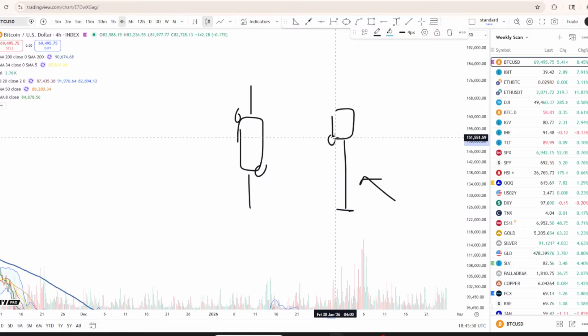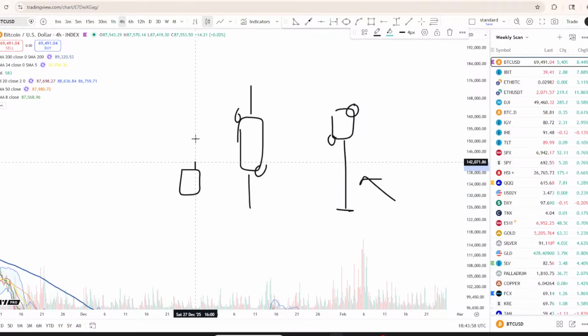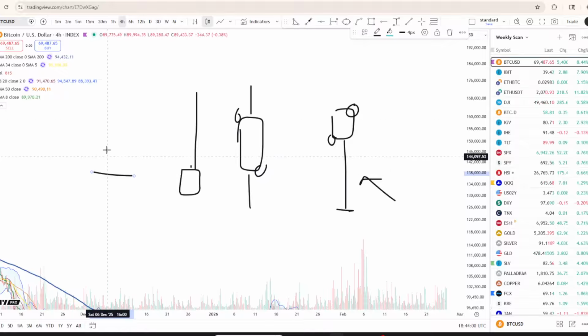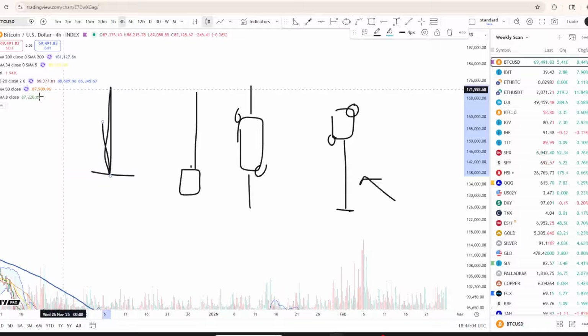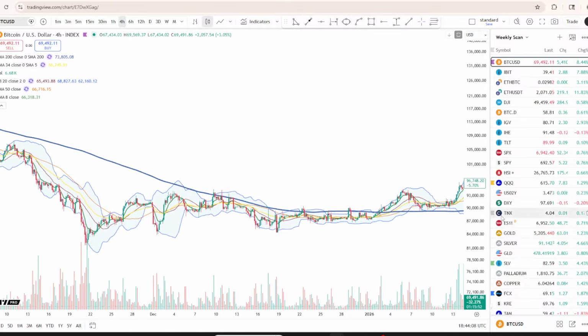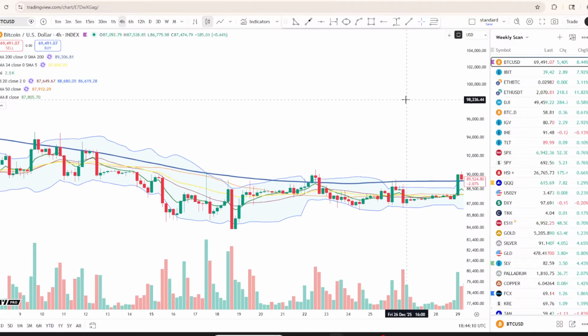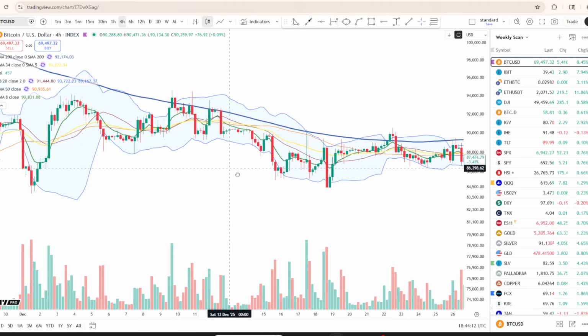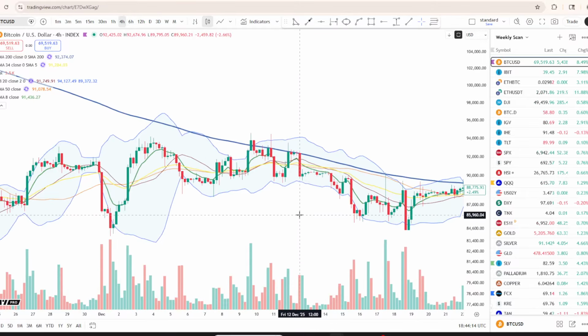The price opened here, came down, came back up, and closed up here, and bears were unable to maintain those lower prices. Same thing with a bearish candle, like a shooting star or even a gravestone doji. You have this long upper shadow, an attempted bounce, and bears come in and reject higher prices. So you want to pay attention to upper and lower shadows, especially when they appear in certain contexts.